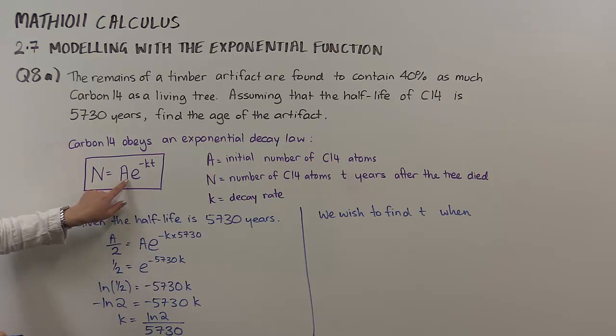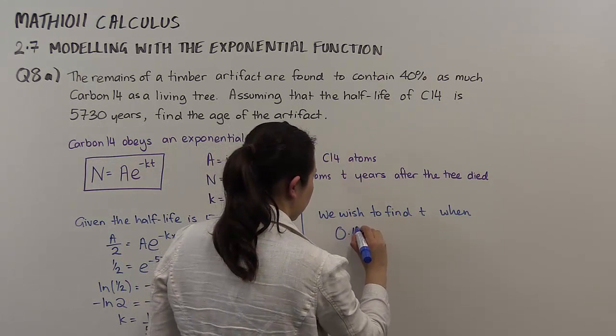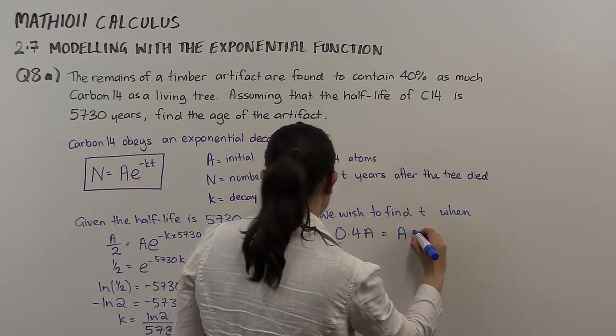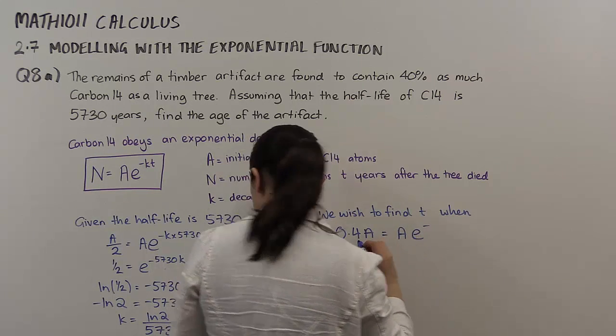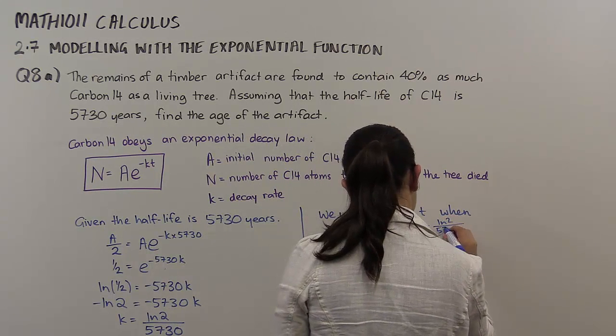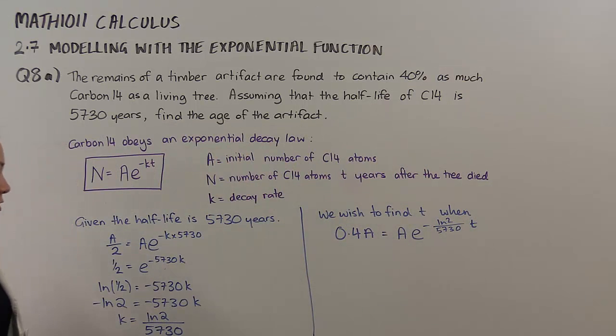So when there's 40% of A left, so when N equals 0.4 A, so 0.4 A equals A e to the minus, this is K here, ln2 on 5,730 T. And so we want to solve that for T.